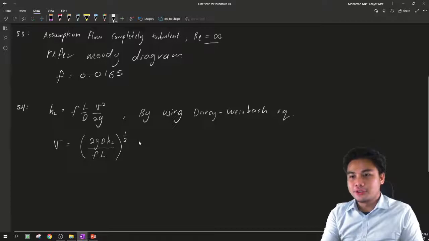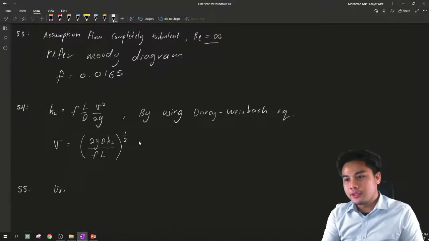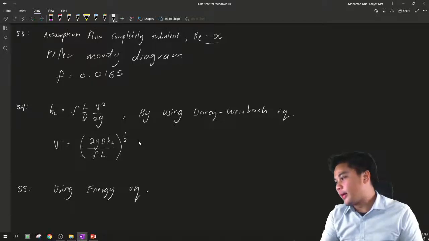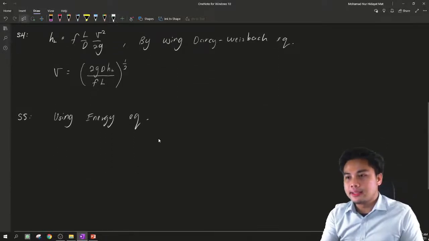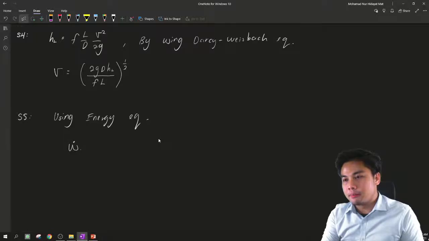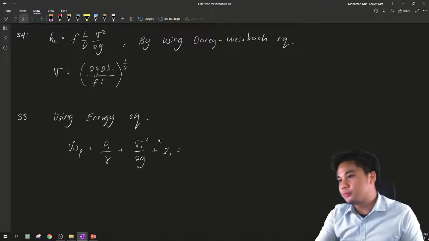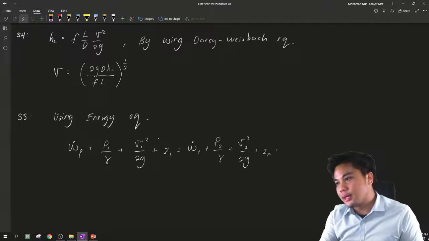Using step number 5, the energy equation: work rate of the pump plus P1 over gamma plus V1 squared over 2G plus Z1 equal to work rate of the turbine plus P2 over gamma plus V2 squared over 2G plus Z2 plus heat loss.